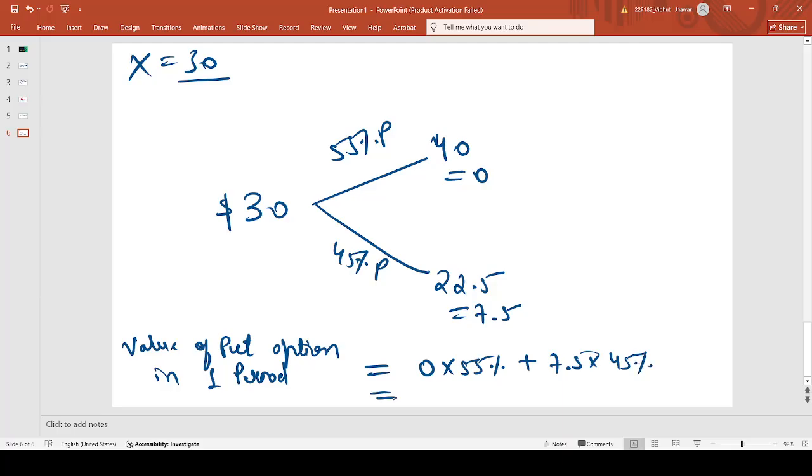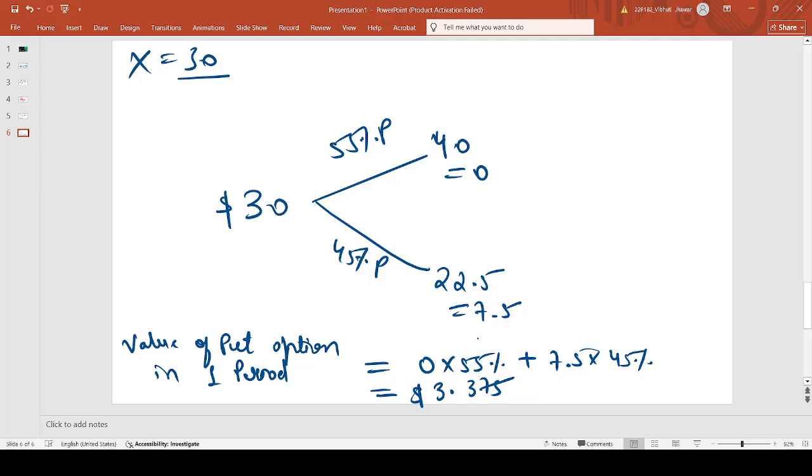Let me just calculate it. This gives us 3.375. So this is at T1.